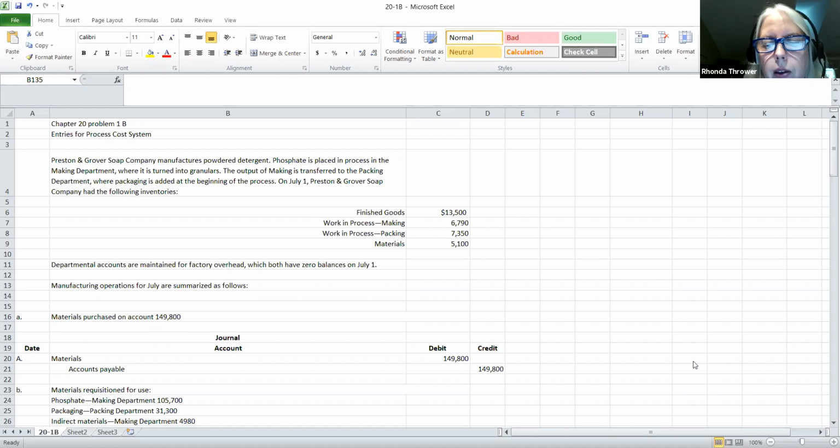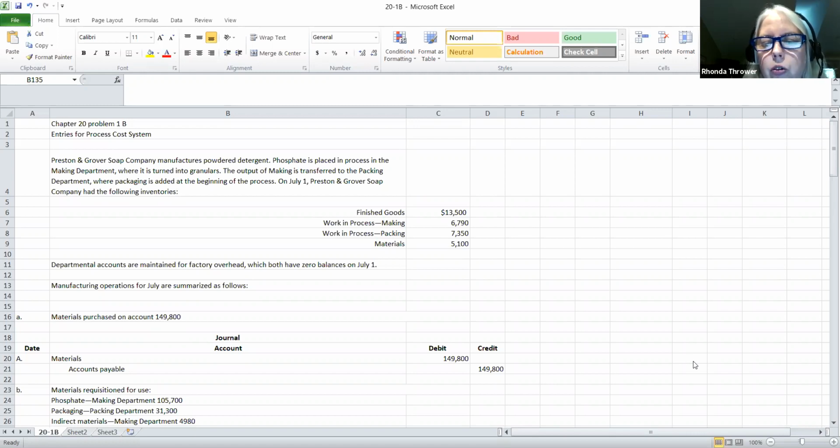So in a process costing accounting system, each department would have its own separate work in process account. Each department also has its own separate factory overhead account. Whereas with a job order cost accounting system, we just had one work in process account where we put all of the cost into that work in process account.